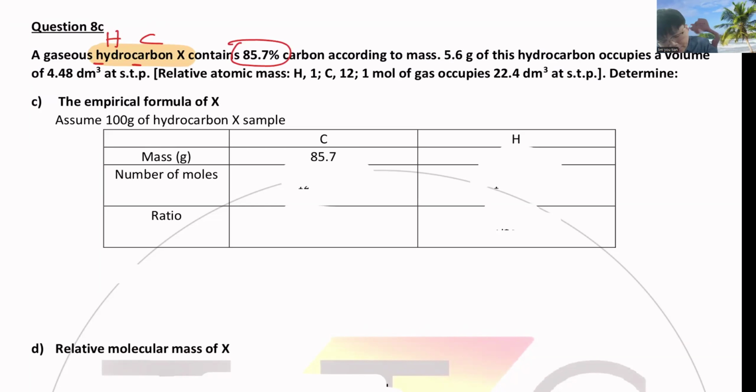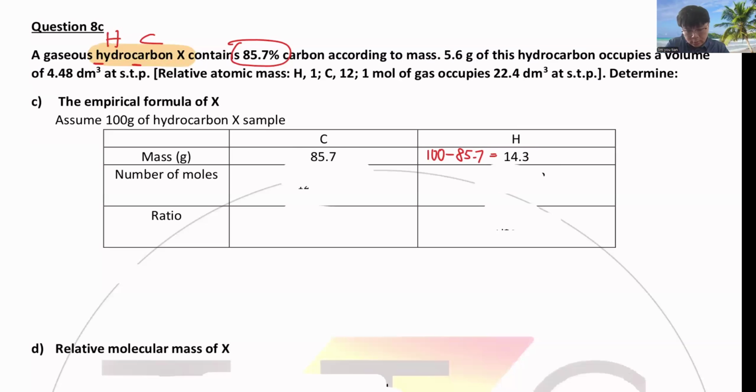Then my H will be 100 minus 85.7 equals to 14.3. You need to show the teacher the working, how you get the 14.3.